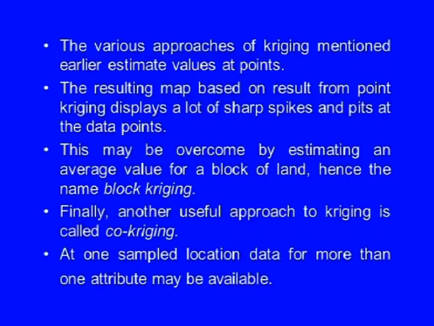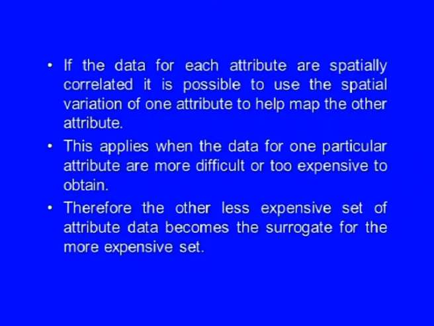Finally, another useful approach to kriging is called co-kriging. At one sample location, data for more than one attribute may be available. If the data for each attribute are spatially correlated, it is possible to use the spatial variation of one attribute to help map the other attribute.